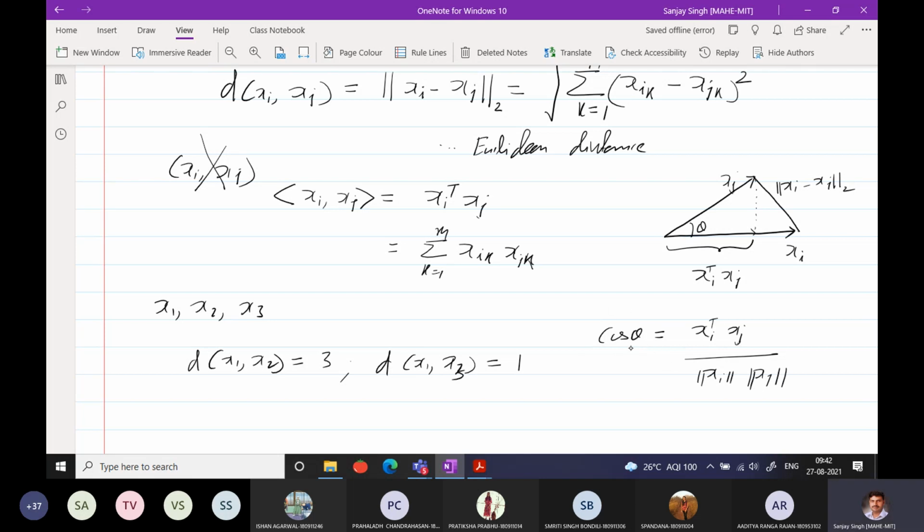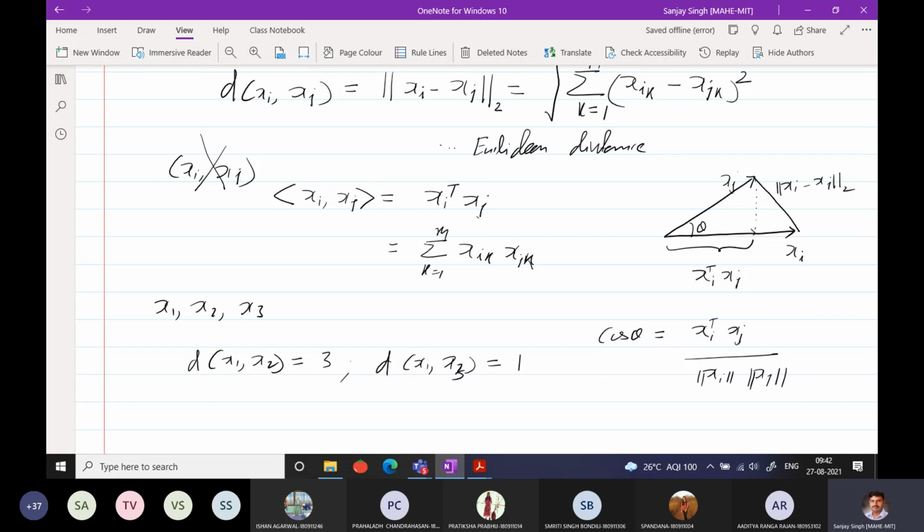So how much maximum value can this have? It can have a maximum value of 1. And that will happen only when theta is 0. Theta is 0 means this xi is nothing but xj itself. That's why we can say it's similar.